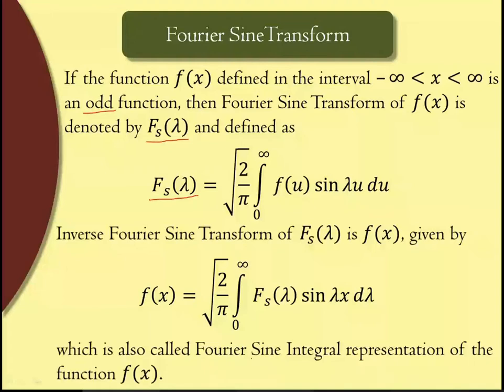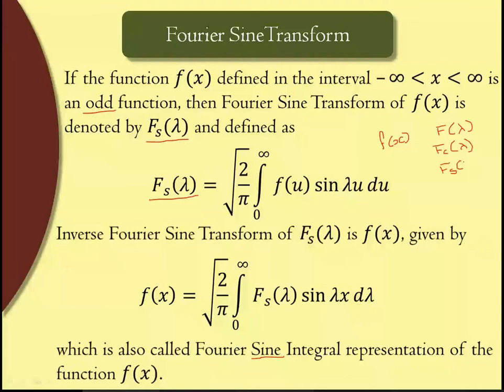So we saw the three types of formulas. The first was the Fourier transform of f of x, given by f of lambda. Then we saw the Fourier cosine transform fc lambda and the Fourier sine transform.